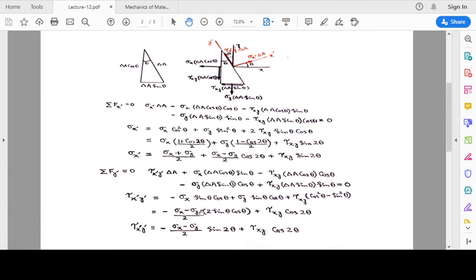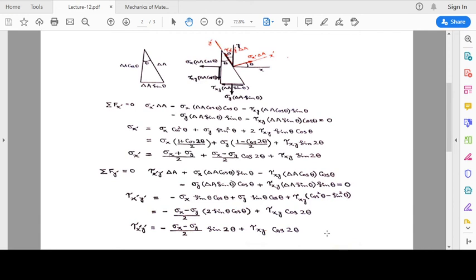Now this can be written as sine 2 theta, and this term remains as it is. Cos square theta minus sine square theta is equal to cos 2 theta, so we just keep it like this. So this is our expression for tau x prime y prime.